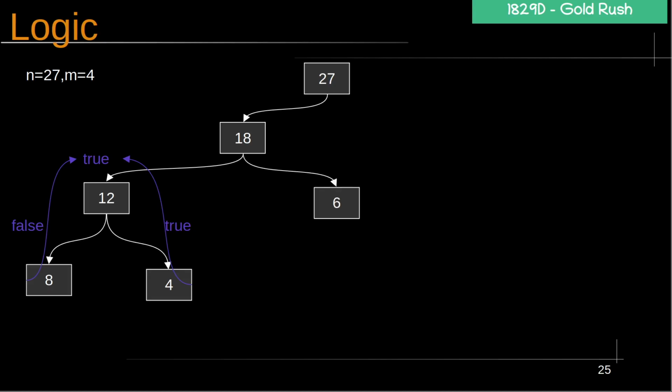We go back to 18. The other side, or the right side, of 18 is 6, because we found 12 here. So the other side is 6. 6 is divisible by 3 and is equal to 2. So the other side is equal to 2.